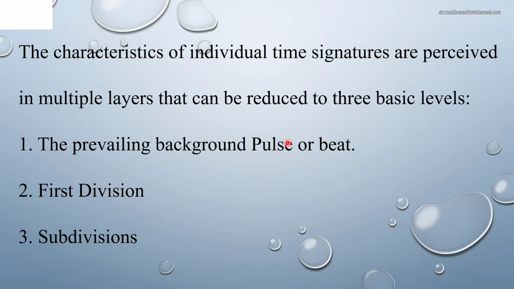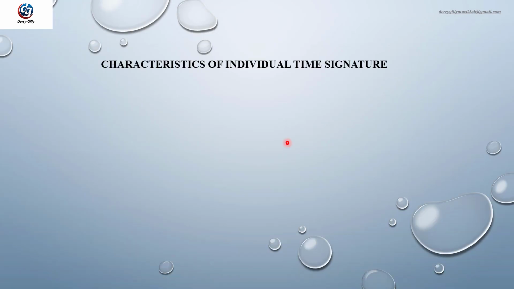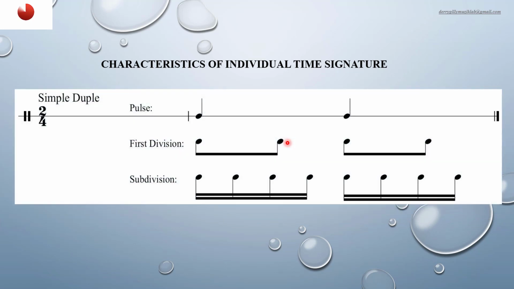You ask yourself, what is the prevailing background pulse or beat? You ask yourself the first division, and then you also ask yourself, can it be subdivided into other divisions?